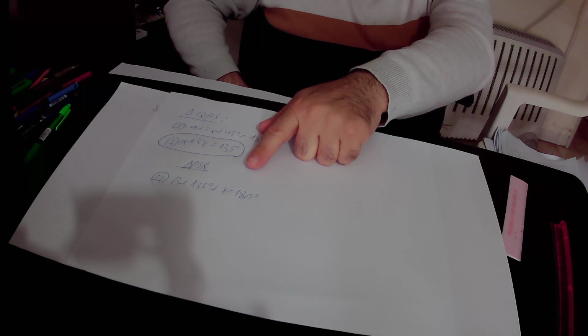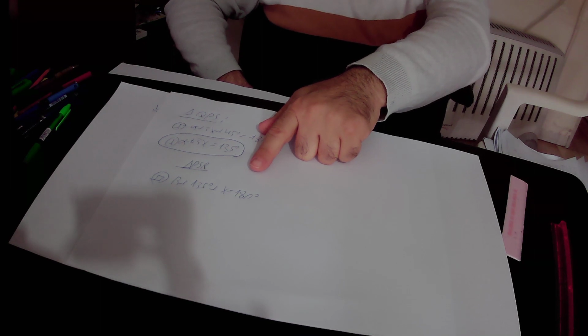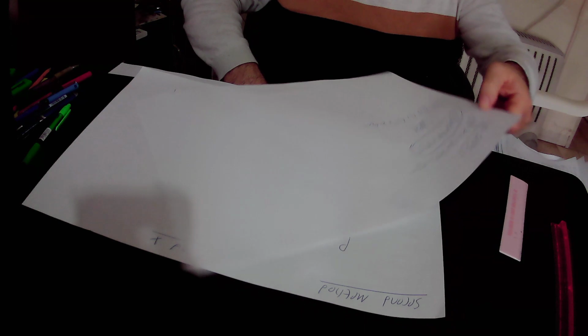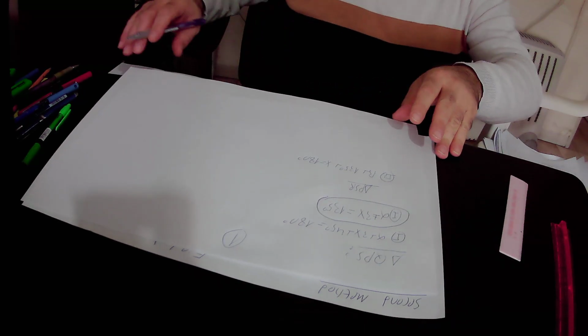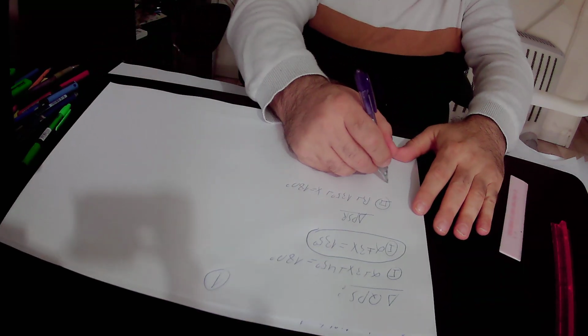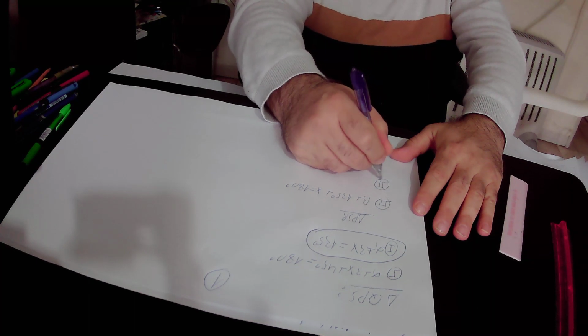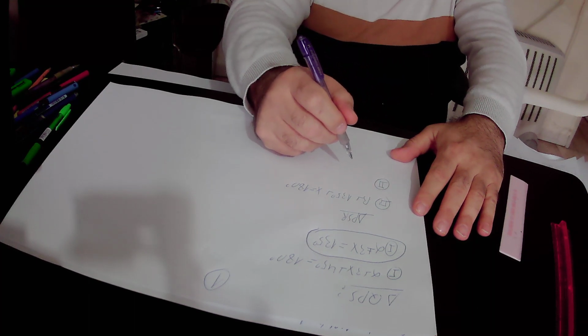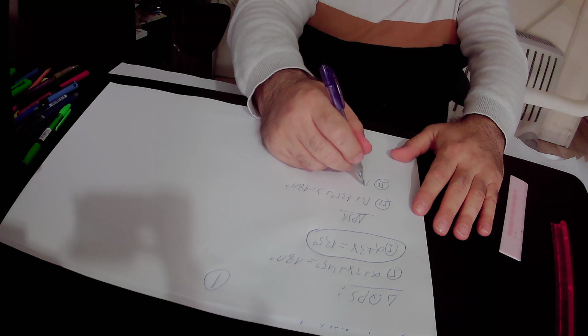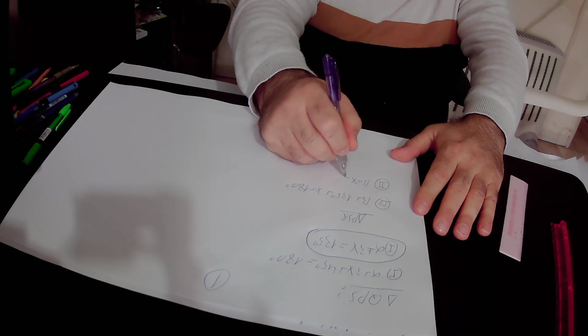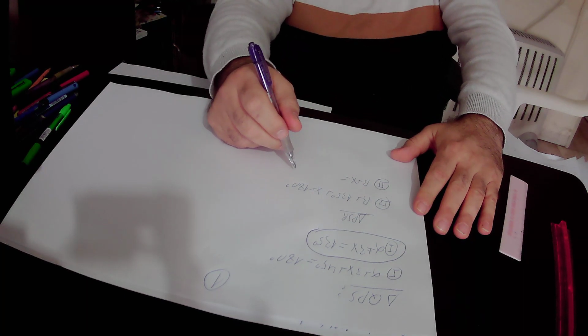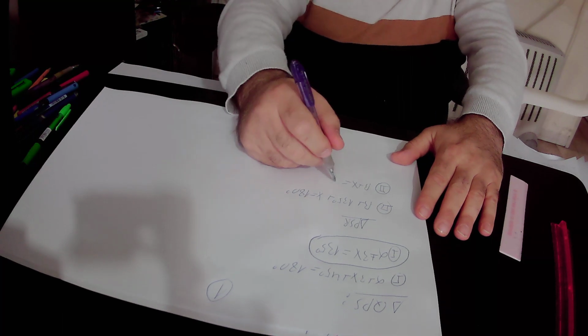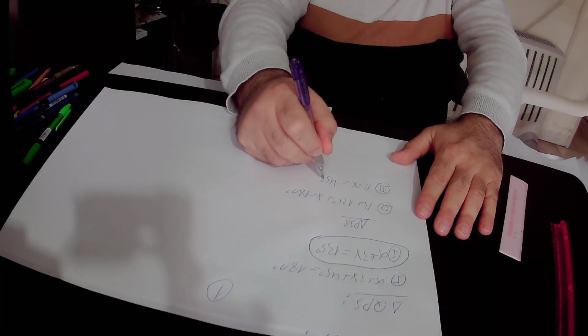We will subtract 135 degrees from this equation, equation number 2, and we will get that beta plus x equals 180 degrees minus 135 degrees, which is equal to 45 degrees.